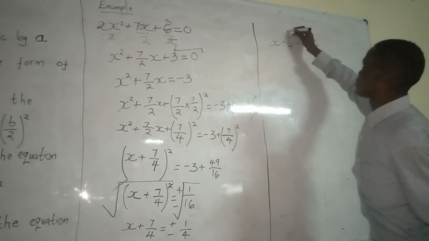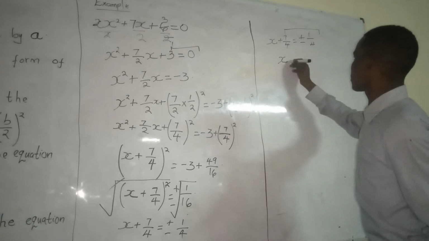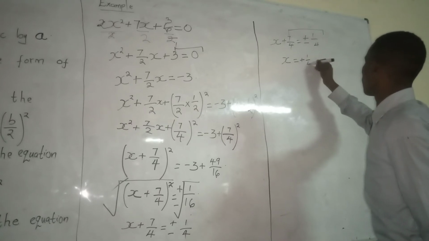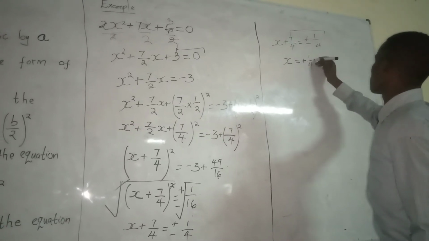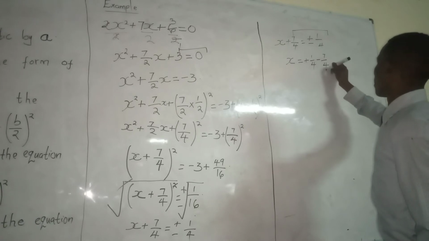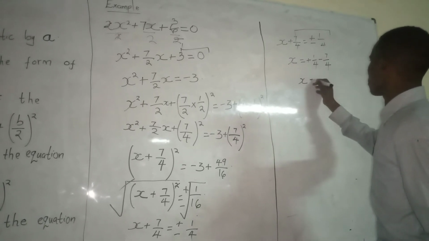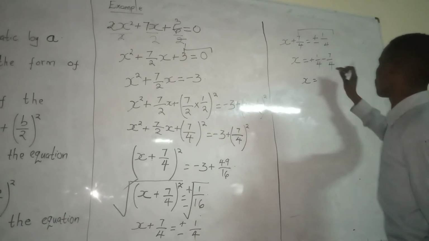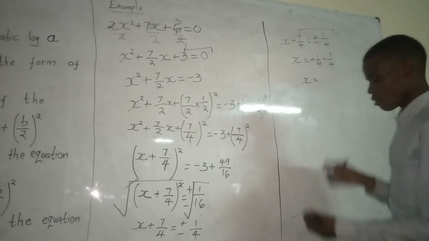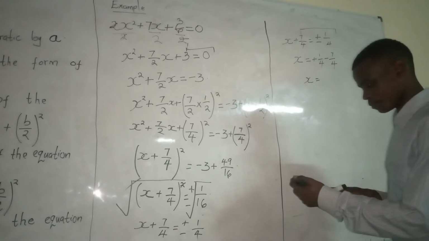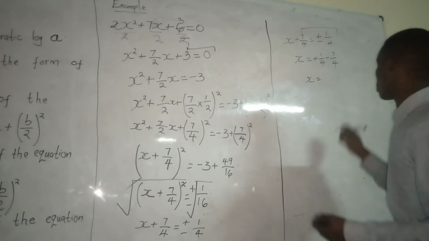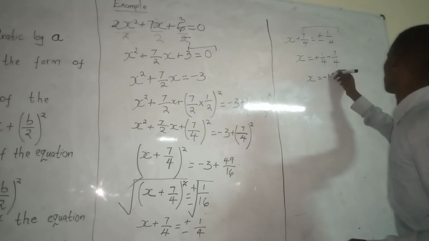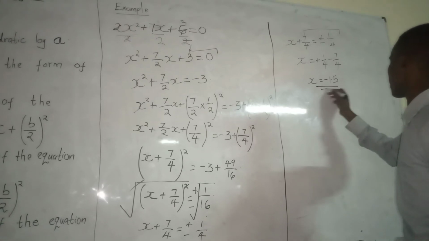We take this one to this side, so x equals, starting with addition, plus 1 over 4. If 7 over 4 comes this side, it becomes negative 7 over 4. So if we add 1 over 4 and subtract 7 over 4, what will be our answer? Our answer will be negative 1.5. So this is our first x.